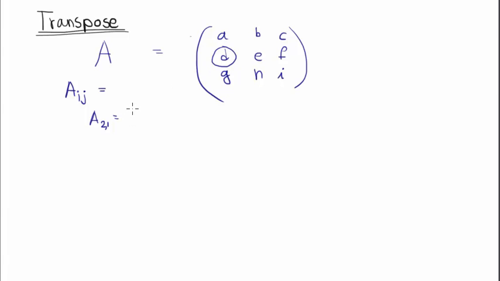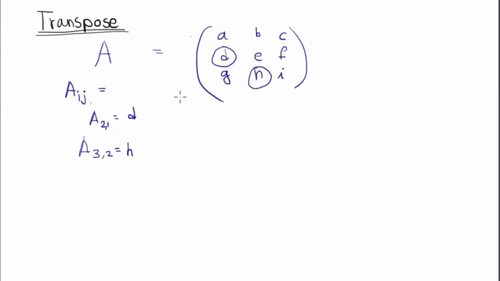A_2,1 is equal to d. Now if I say what is a_3,2, you're going to go down to the third row, so 1, 2, and 3, which is this one over here, and then on to the second column. So this is the first one, this is the second one, so that's h. So that's pretty much it.